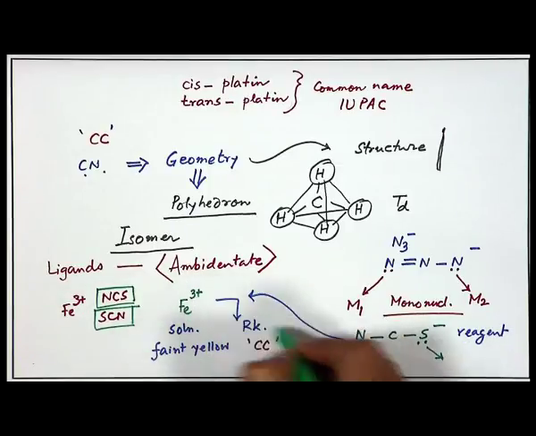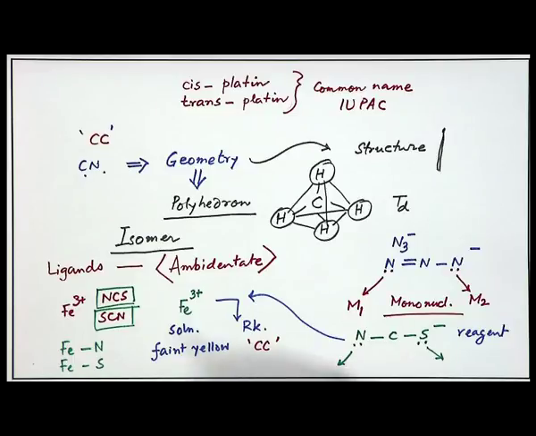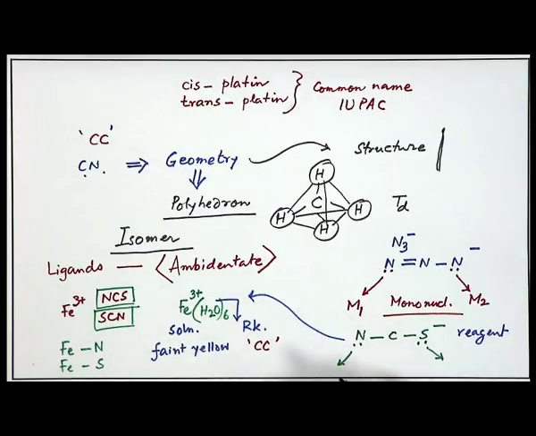What we are looking for in this color change is whether we are establishing some new iron nitrogen bond or a new iron sulfur bond. And if we are fortunate enough to make both compounds, in one case we are going for the first coordination, because in water medium we know that it has 6 water molecules surrounding this iron center.